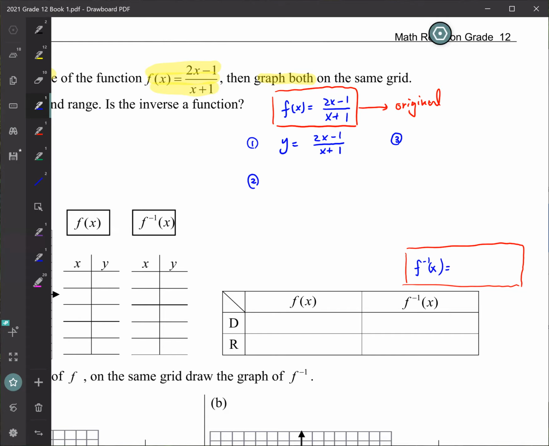Okay, so far we have 7 people done. How's everyone else doing? Anyone got stuck?